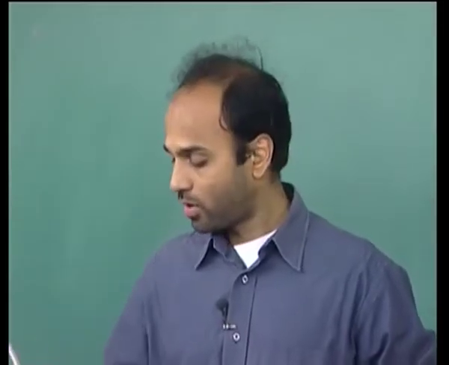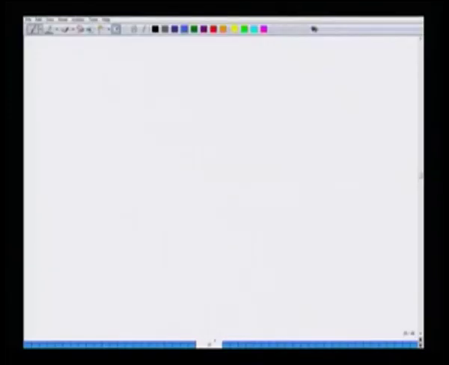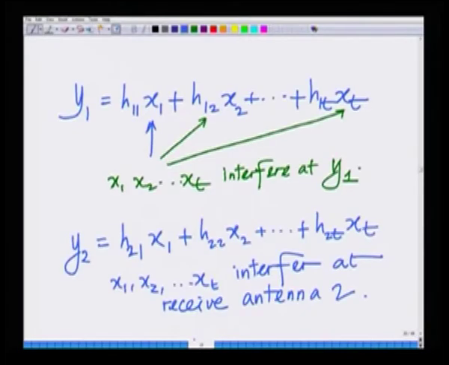That is the system model. In fact, if you look at this expression, H11 is the channel between x1 and y1, which is transmit antenna 1 and receive antenna 1. H12 is the channel between x2 and y1, that is transmit antenna 2, receive antenna 1. H21 is the channel between x1 and y2, that is transmit antenna 1 and receive antenna 2.